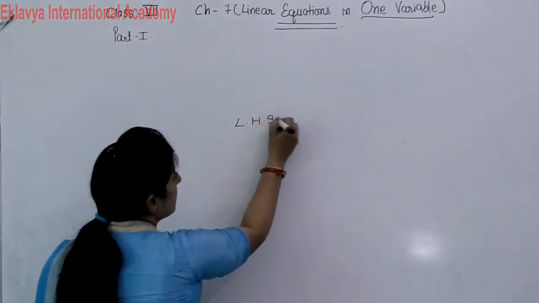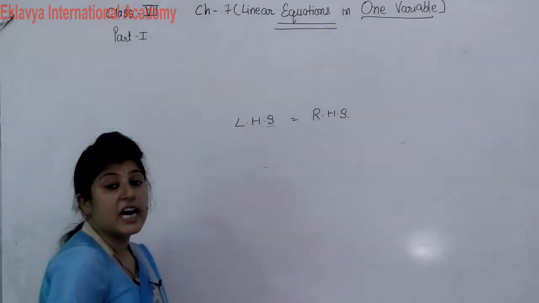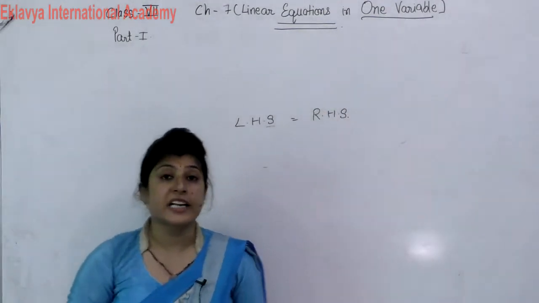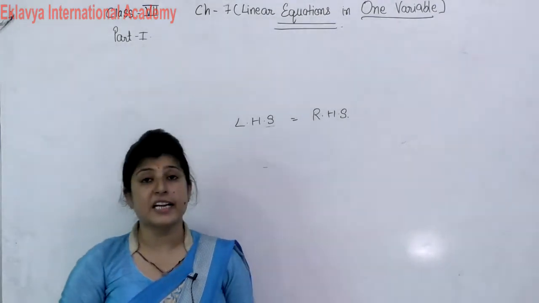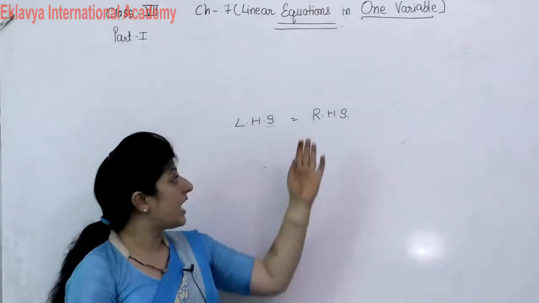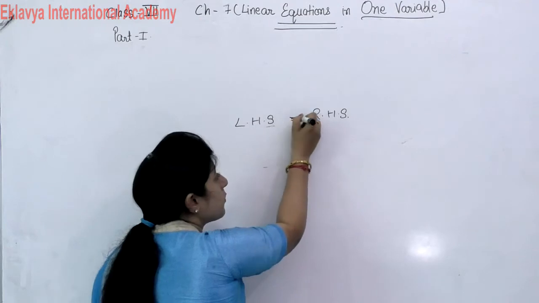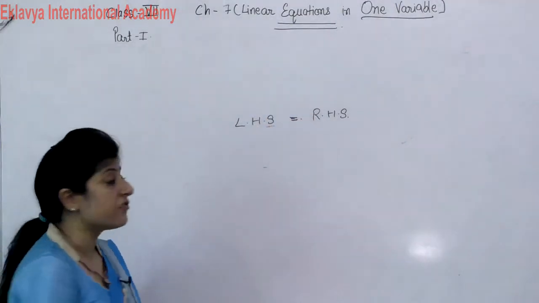One part is called LHS, that is left hand side, and another part is called RHS, that is right hand side. If we are showing the equal sign, it means this becomes an equation.